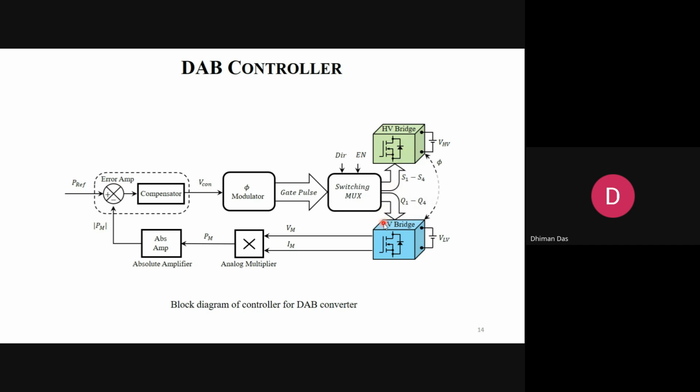When you do so, the lagging bridge becomes the leading bridge and the leading bridge becomes lagging. It's just like a mirror image by changing the direction input. So through the switching mux, you can do that. Now when you do so, your power flow will be just opposite, in the reverse direction.